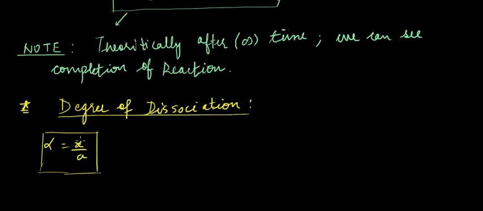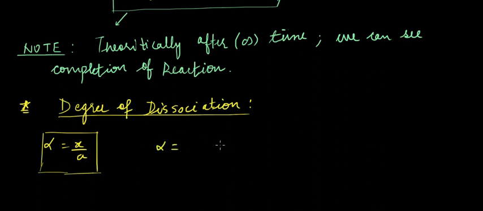By amount we mean here concentration, because x is the concentration of products at any point of time t which has been dissociated from A, and a was the initial concentration. So we are talking about concentration here.